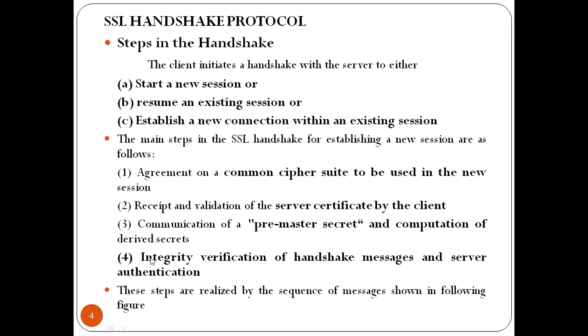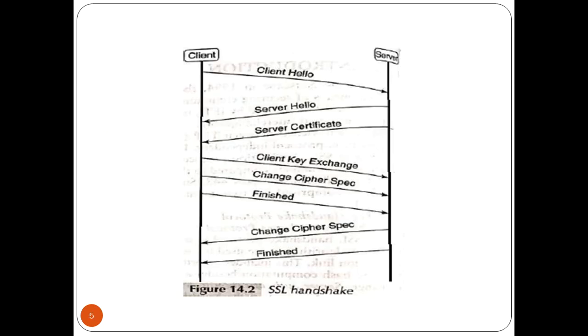The next, fourth step is integrity verification of handshake messages and server authentication. The client must ensure the server authentication and also the integrity verification, so that the messages are not altered. These steps are realized by the sequence of messages shown in the figure named SSL handshake.